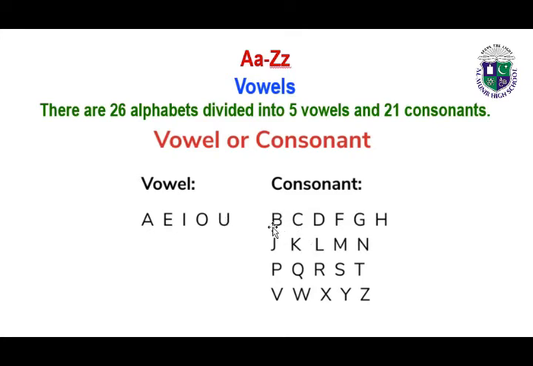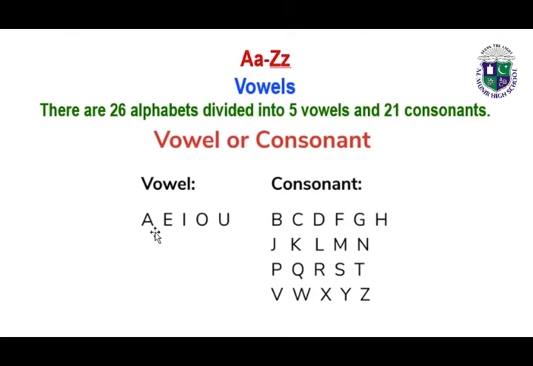And B, C, D, F, G, H, J, K, L, M, N, P, Q, R, S, T, V, W, X, Y, Z. These are the consonants. Hopefully you understand now which letters are vowels.